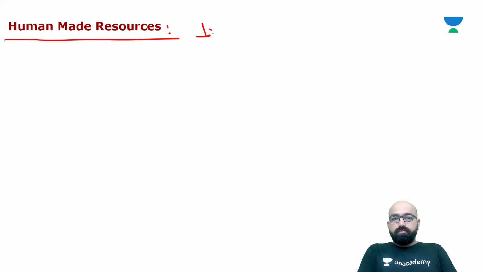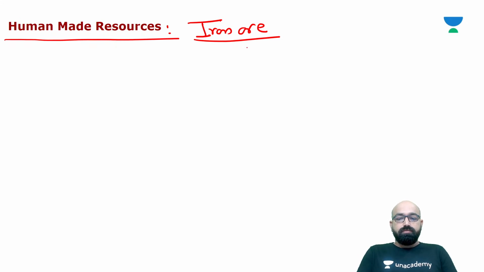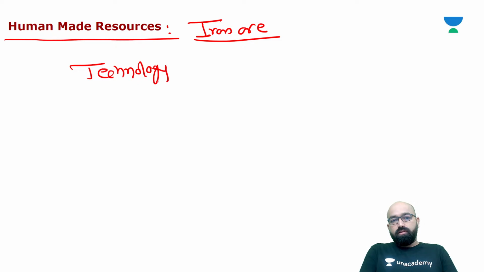So iron ore was not a resource until people learned to extract iron from it. People use natural resources to make buildings, bridges, roads, machinery, and vehicles, which are known as human-made resources. So technology is also a human-made resource.